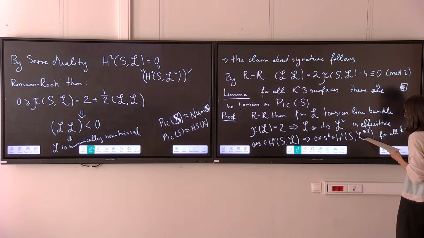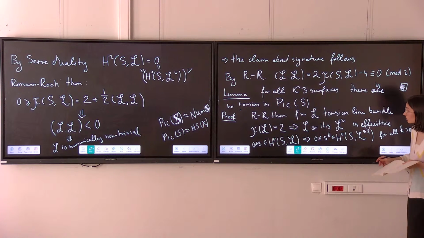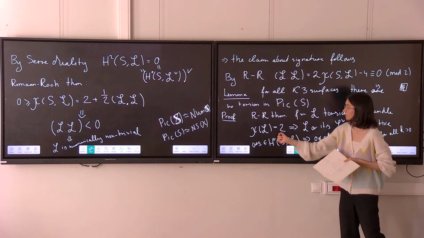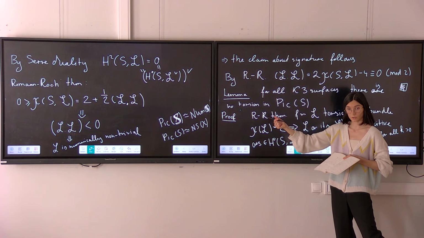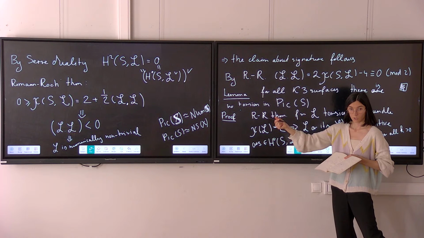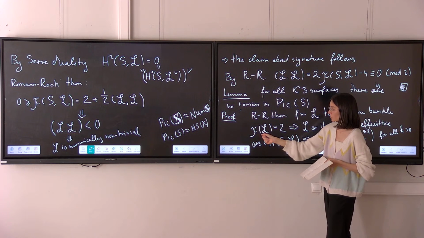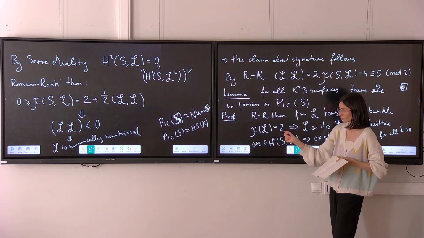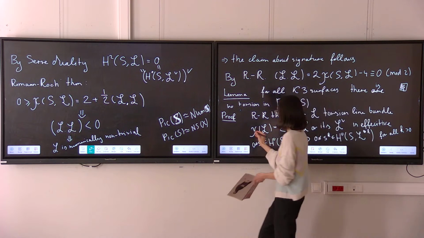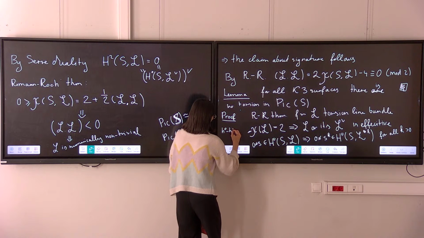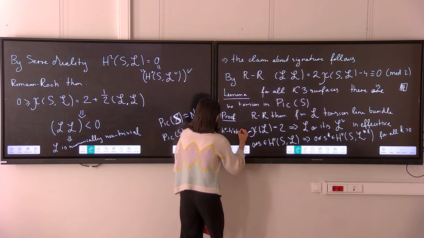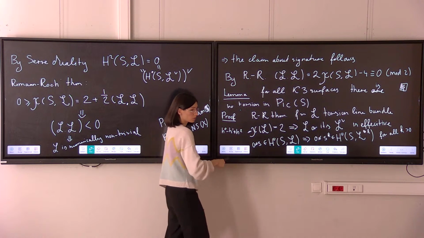Okay. But why is L or L dual effective? Just from this, because it's positive, and also we use Serre duality as usual. So this means that H0 or H2 is non-zero, because this is H0 minus H1 plus H2, and here we need to use Serre duality.